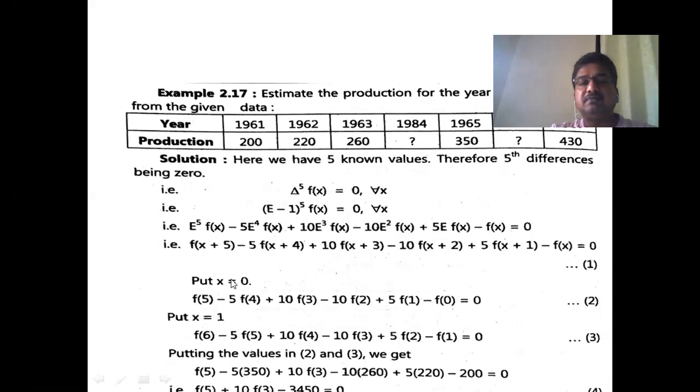Here put x is equal to 1961. There is a mistake here: don't write x is equal to 0, substitute x is equal to 1961.